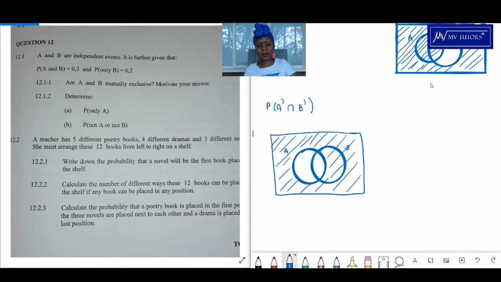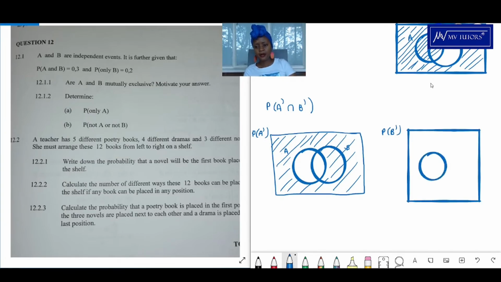So this is probability of not A. If I'm going to look at the probability of not B, same thing. So we have A, we have B. So not B, again, is everything around B. That is not B.